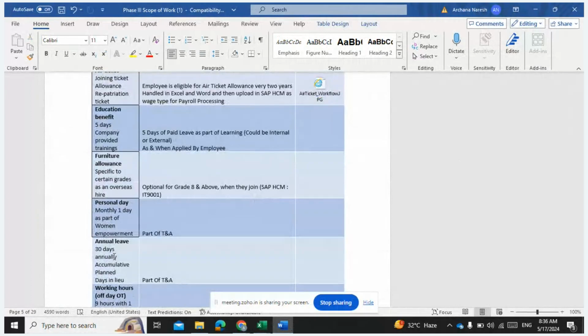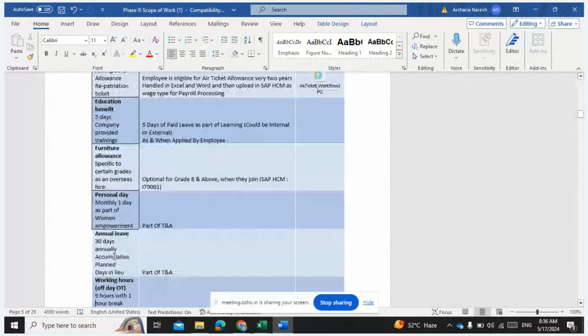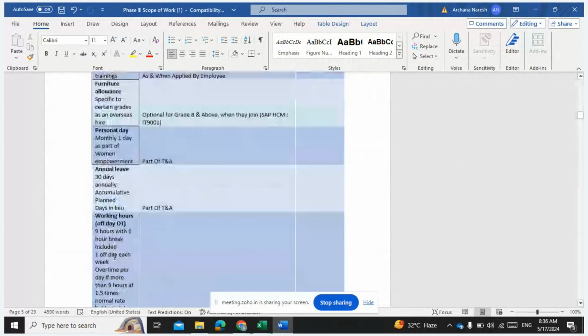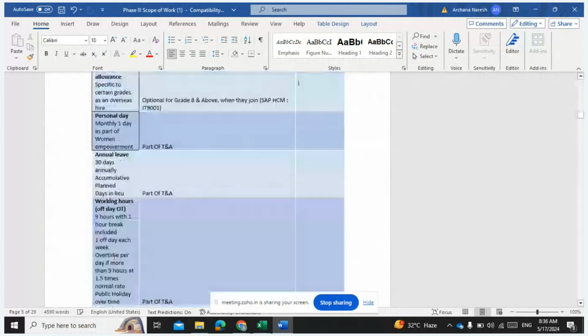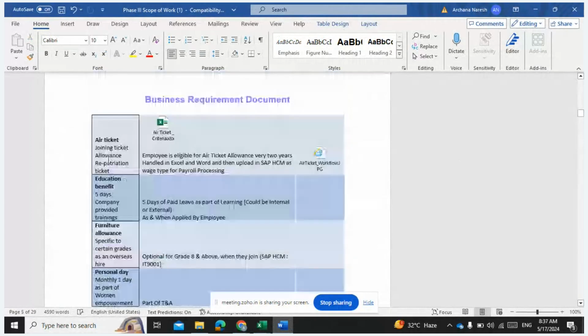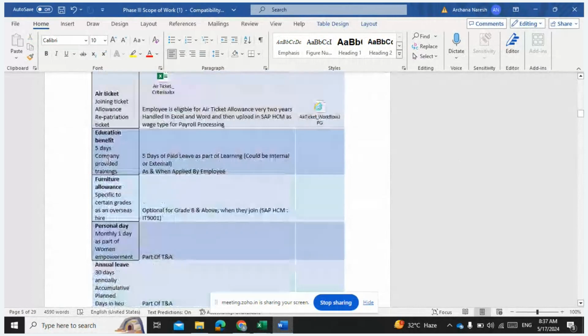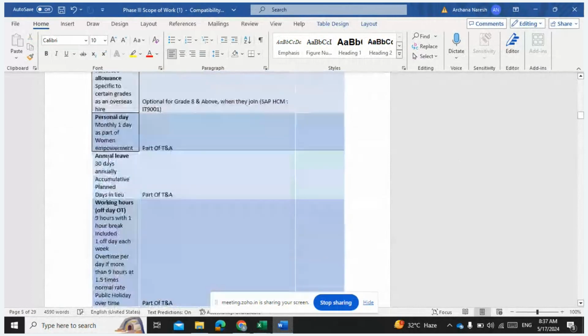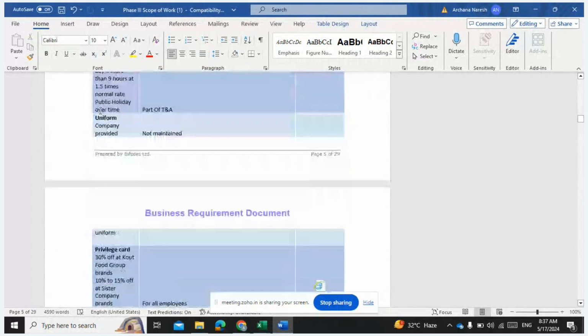Then you will discuss, say, business mileage, air tickets, education benefits, furniture allowance, personal day off, which is time in attendance, annual leave, working hours, attendance, uniform, which is just a pay component you're maintaining, and privilege card.